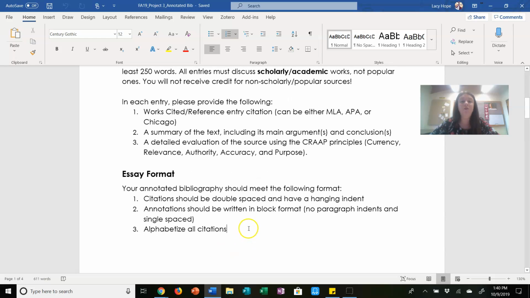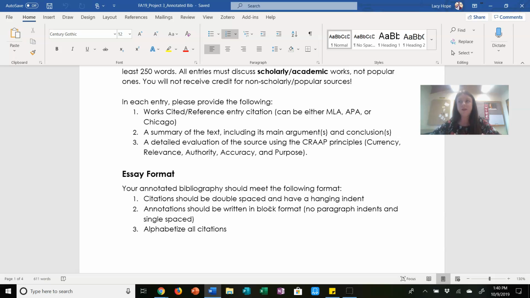Also, you'll want to alphabetize all citations by whatever the first word in the citation happens to be. Now, 9 times out of 10, that's going to be the lead author's last name. However, depending on your topic, you may use government documents, court cases, things of that sort that really don't have a traditional author, if you will.